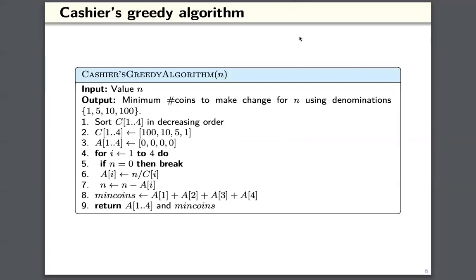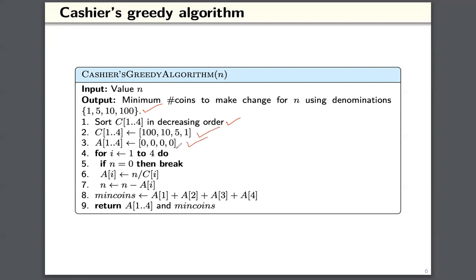Here is your greedy algorithm, the pseudocode. We will assume the coin denominations are 1, 5, 10, 100, and sort them in decreasing order. Our priority is 100 first, and then 10, then 5, then 1. So you have 100, 10, 5, 1.